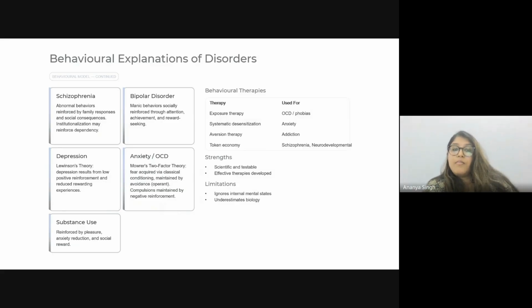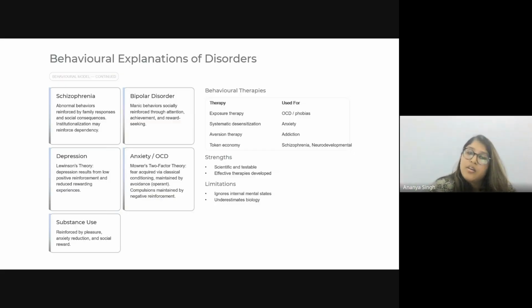In bipolar disorder, manic behaviors get a lot of social attention, it gets them achievement, it gets them rewards, so it is then maintained or reinforced that way. And for depression, we have Lewinsohn's theory that depression results from low positive reinforcement and reduced rewarding experiences in life. So there are fewer positive experiences in life, that triggers depression and maintains it both.